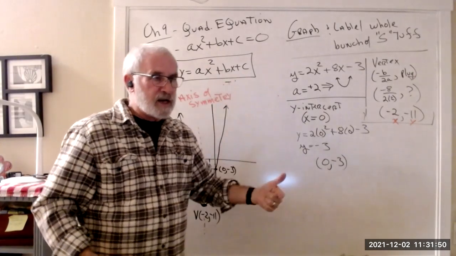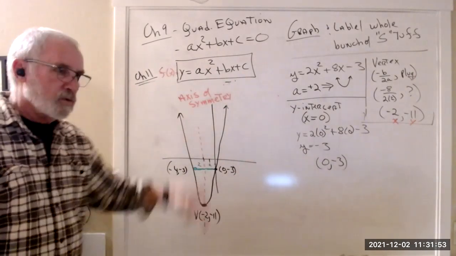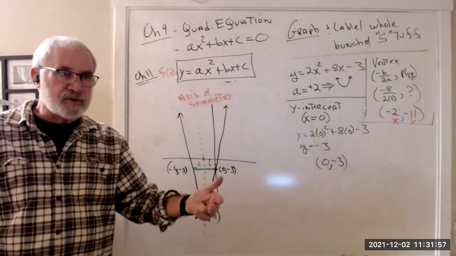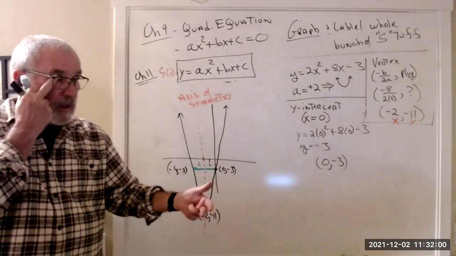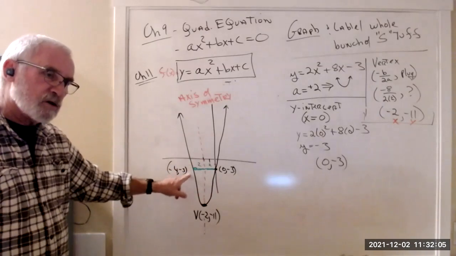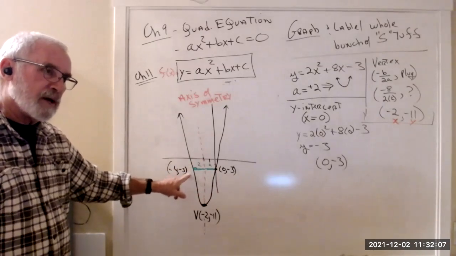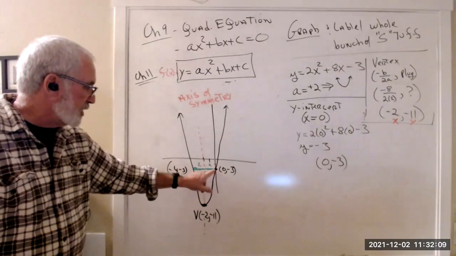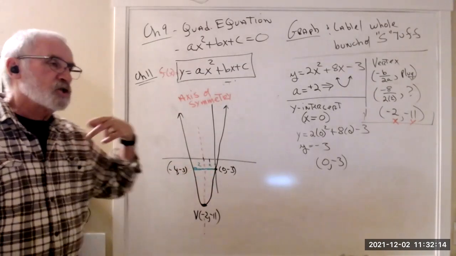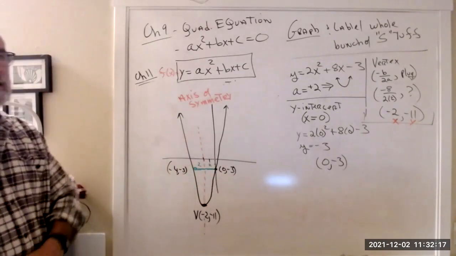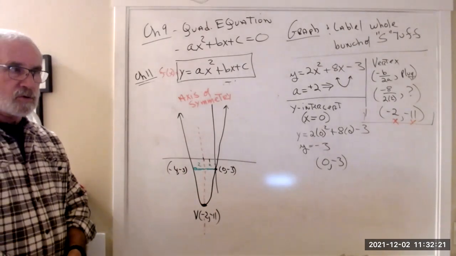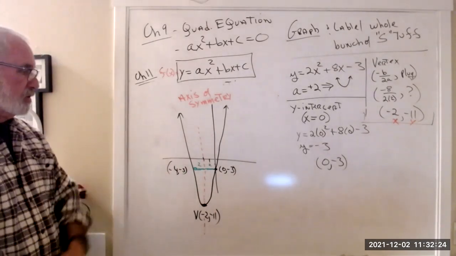Show me the vertex, the axis of symmetry, the y-intercept. And sometimes I'll ask for the reflection of the y-intercept. That's just taking this and flipping it over the axis of symmetry. It's real simple. Sometimes I'll ask for the x-intercepts, which I'll show you in a moment. Any questions about this?